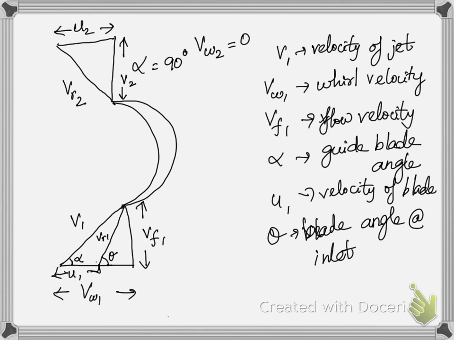Only if you have a certain angle do you resolve it into horizontal and vertical components. Since it is at 90 degrees, there will be no horizontal component, and no need to resolve it, and my VW2 will be 0. So this is the velocity triangle of a Kaplan turbine.